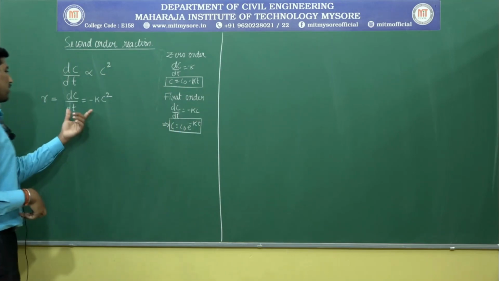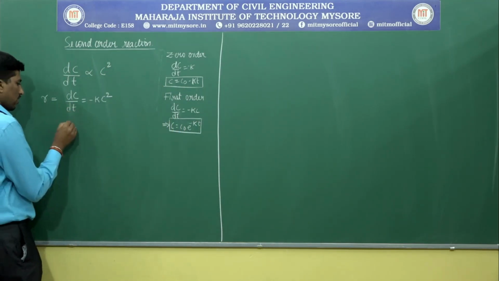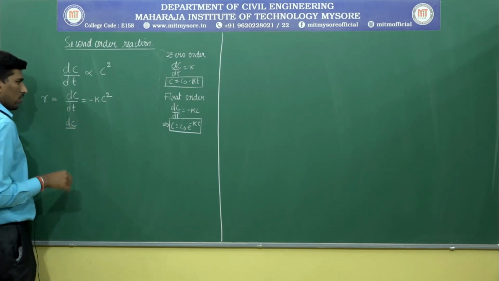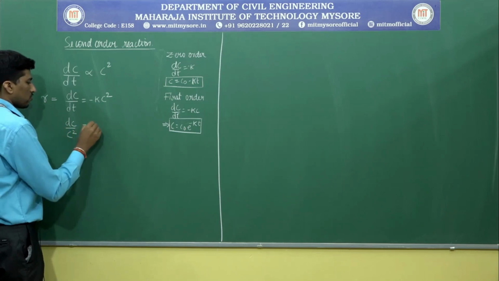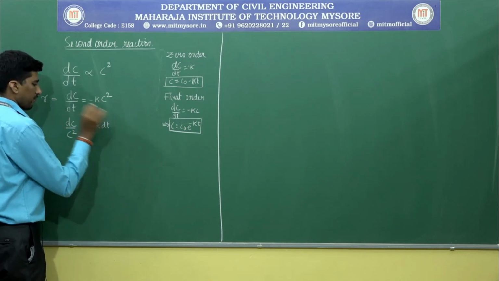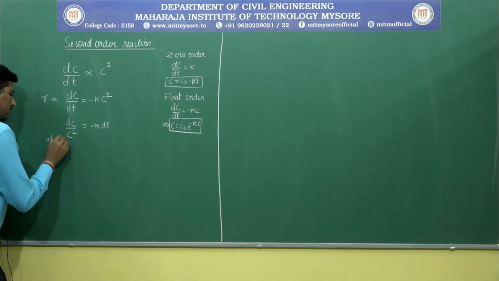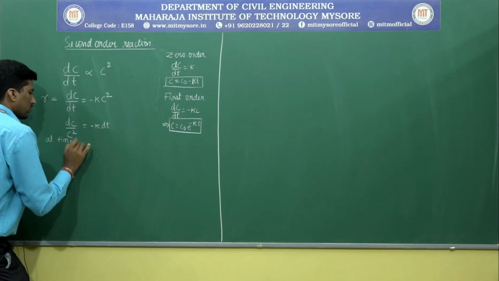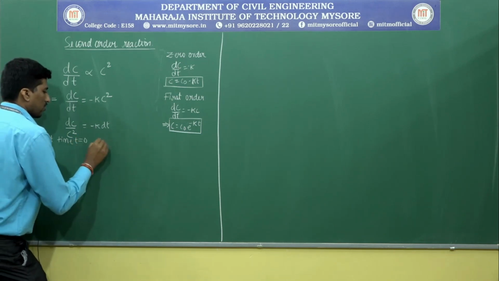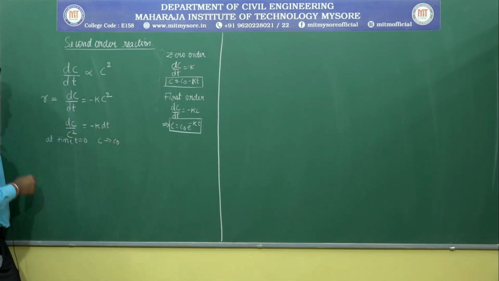Now, when the rate of change of concentration dc by dt is equal to minus kc square, you need to go by the method of separation of variables. Dc by c square is equal to minus k into dt. Again, the same principle: at time t is equal to 0, the concentration is c naught, the initial concentration.